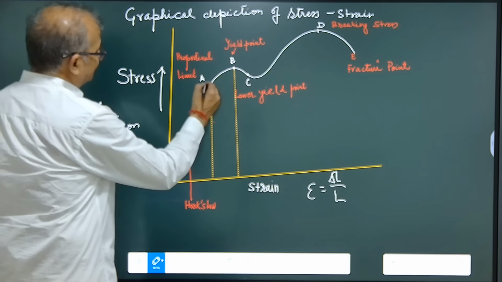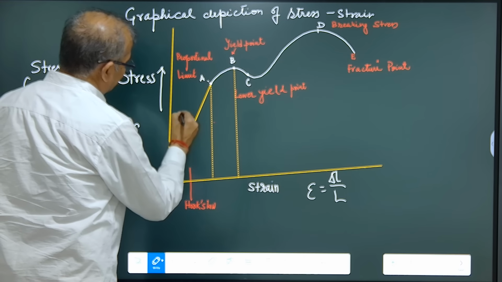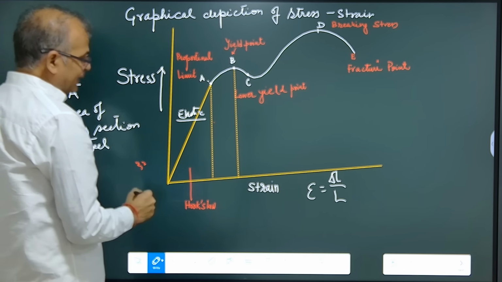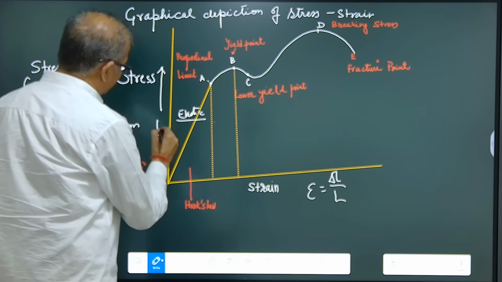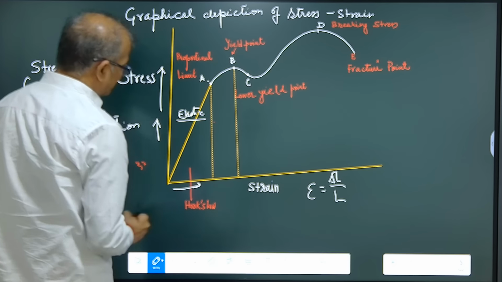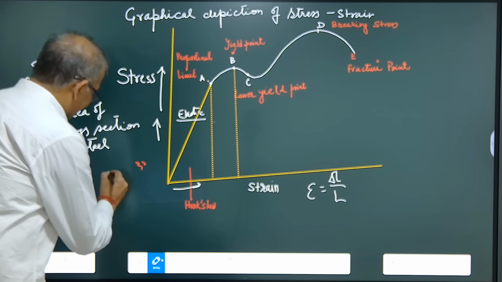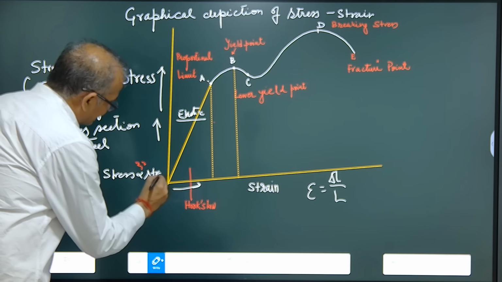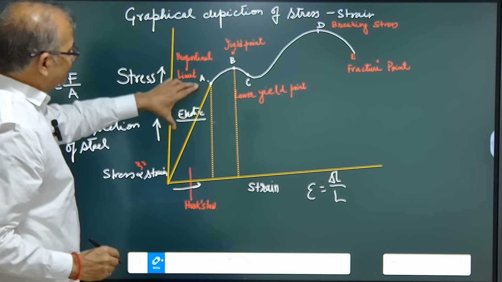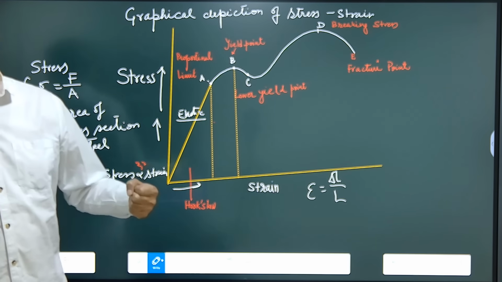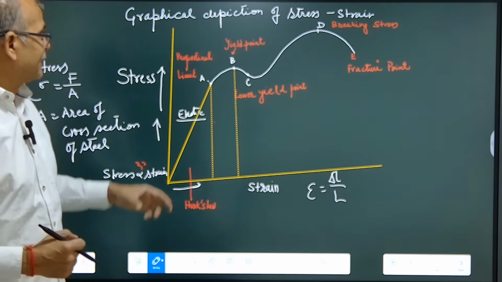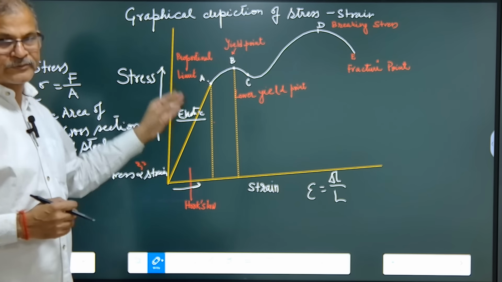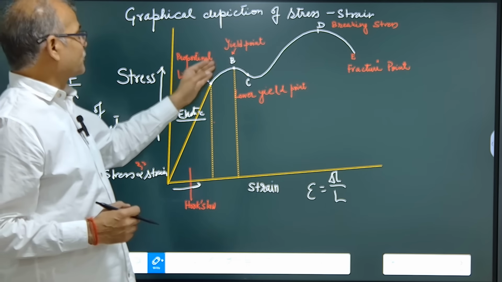In this limit, this is the elastic zone. In this zone, applied load and elongation are proportional. Stress is proportional to strain, following Hooke's law. When a tensile load is applied and then removed, the metal comes back to its own shape, until the yield point.